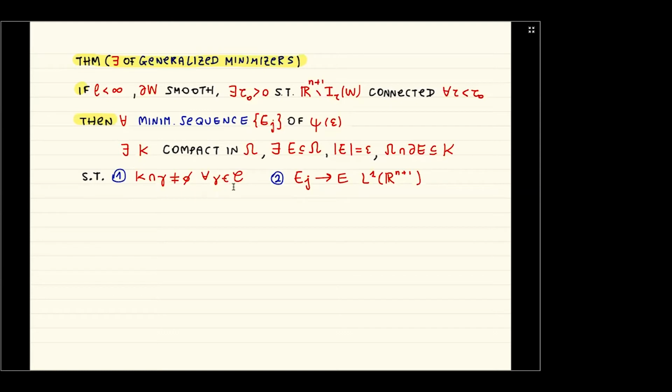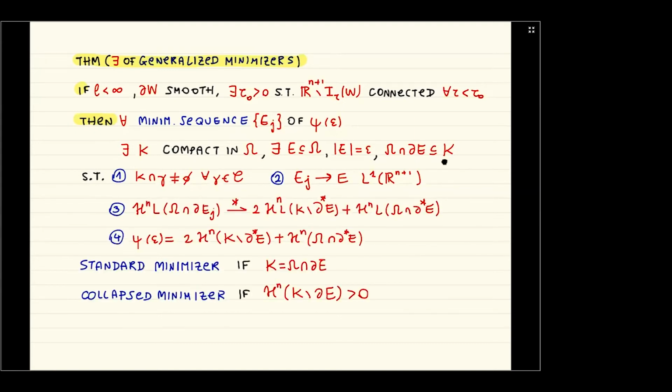So the E_j converge in volume to a limit set E, but the boundary of this limit set E will not be able to touch all the curves in the spanning class. This will be achieved only by a larger set K.